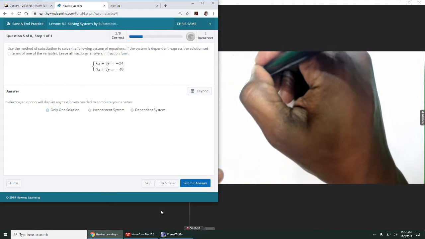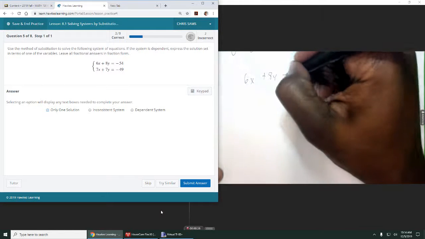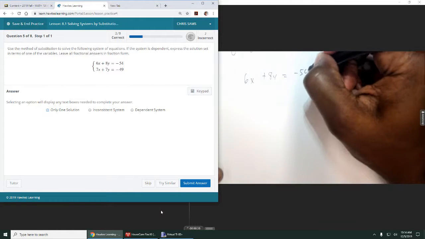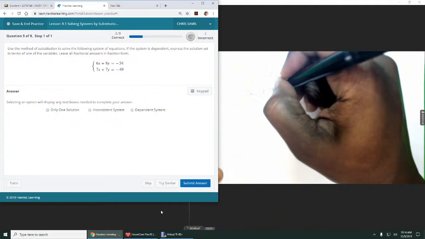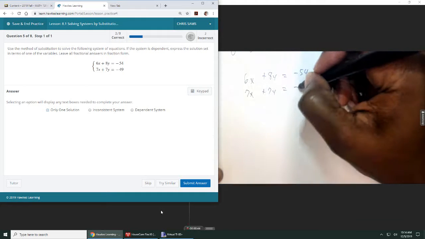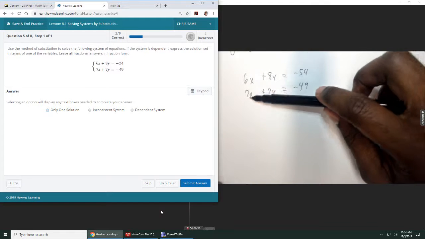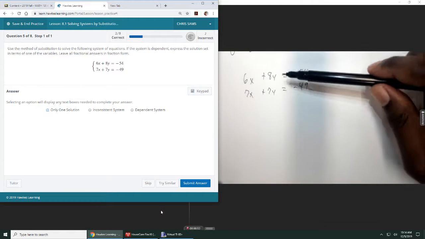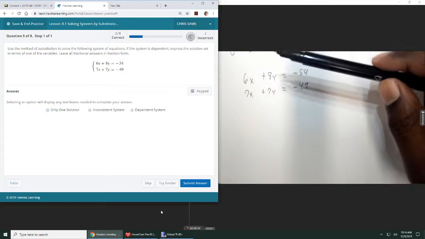We have 6x plus 8y equals negative 54. And then we have 7x plus 7y equals negative 49. Okay, we are going to either multiply to get rid of x or y, and it looks like doing x will give us smaller numbers.